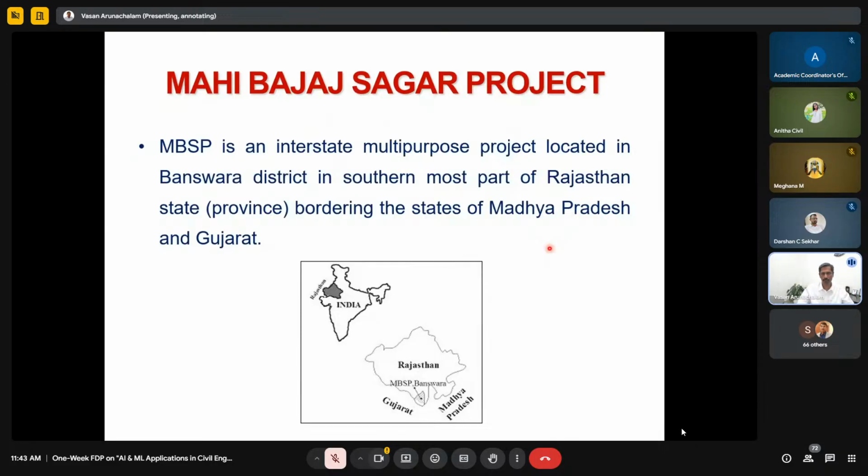One of the reservoirs which I worked on as part of my research work is the Mahi Bajaj Sagar project. That is located in Rajasthan, more specifically a place called Banswara. It adjoins two neighboring states, Madhya Pradesh and Gujarat, right?